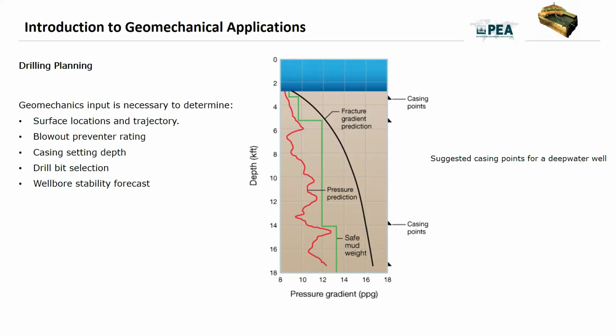So the geomechanics input is necessary to determine the surface locations, the blowout prevention rating, the casing setting, drill bit selection, and also the most important thing in drilling, which is the wellbore stability forecast, and also suggesting the casing points for the deep water example here, and also for the perforation, which is also important.